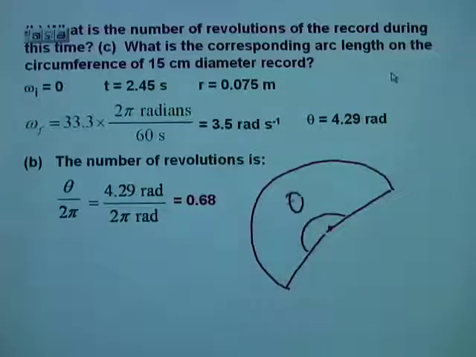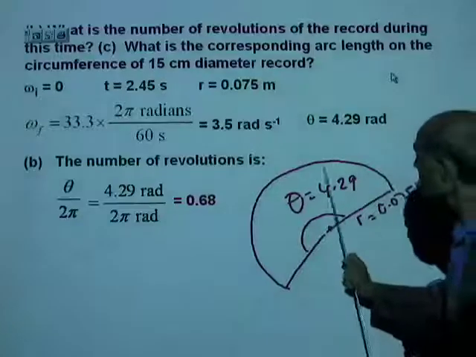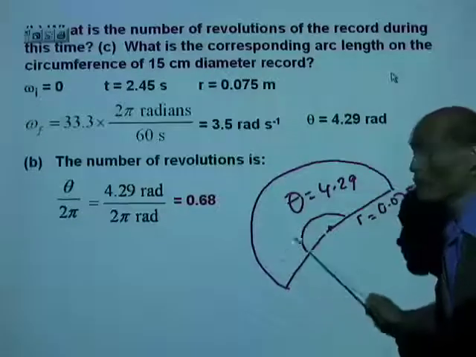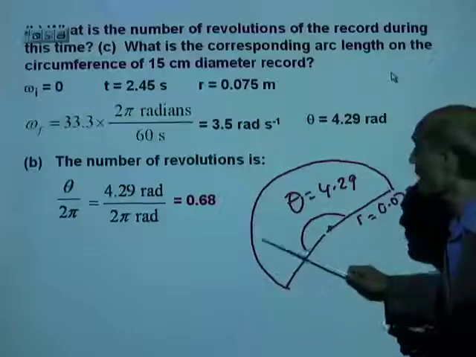We got theta equal to 4.29 and the radius is 0.075 meter.